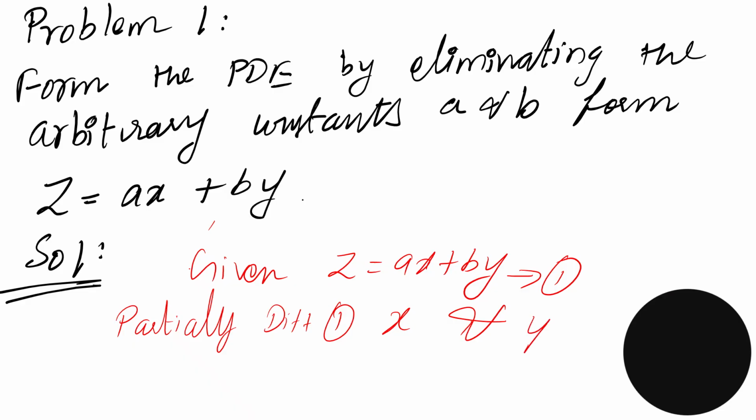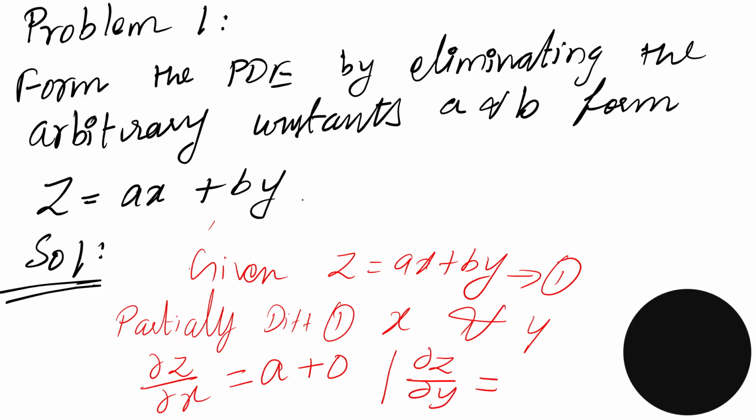So partially differentiating, what do we get? Dou z by dou x, with respect to x, is a plus 0. Dou z by dou y, with respect to y: the first term does not have y, so 0 plus b into 1.